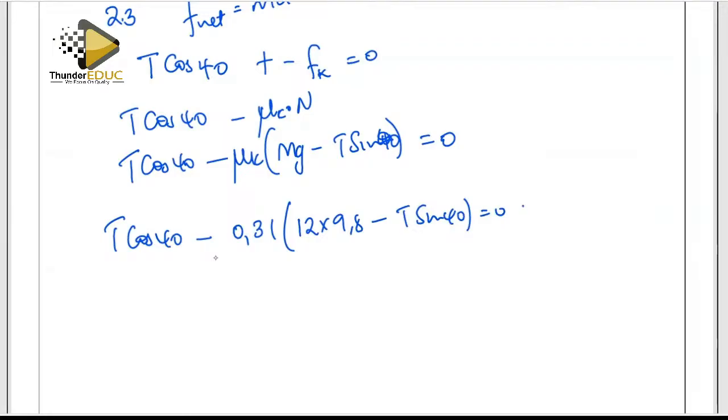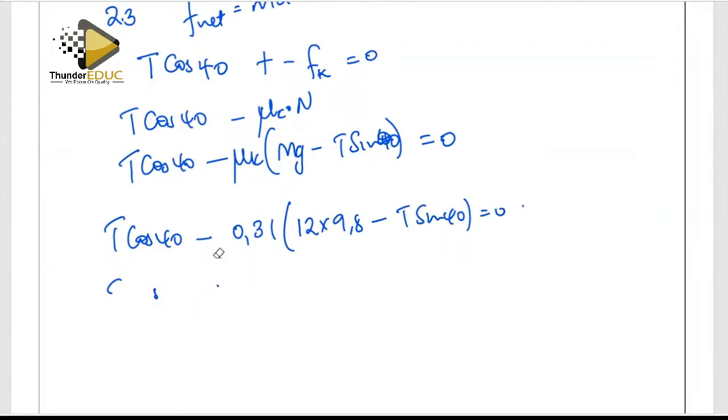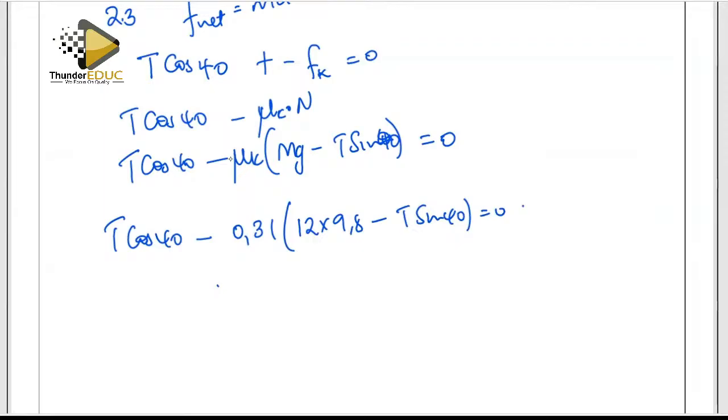Okay, so when we open this up, it's T cos of 40. But why don't I simplify cos of 40 first? From our calculators, what is the cos of 40? That is 0.766. Is that correct?